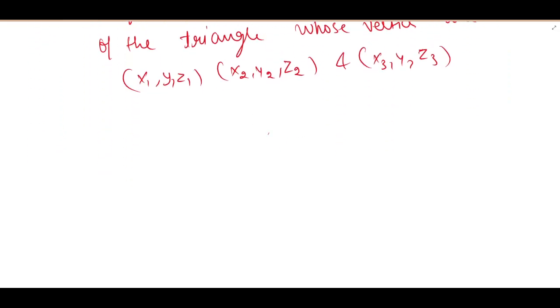So suppose there is a triangle ABC whose A coordinates are x1, y1, z1 and B coordinates are x2, y2, z2.